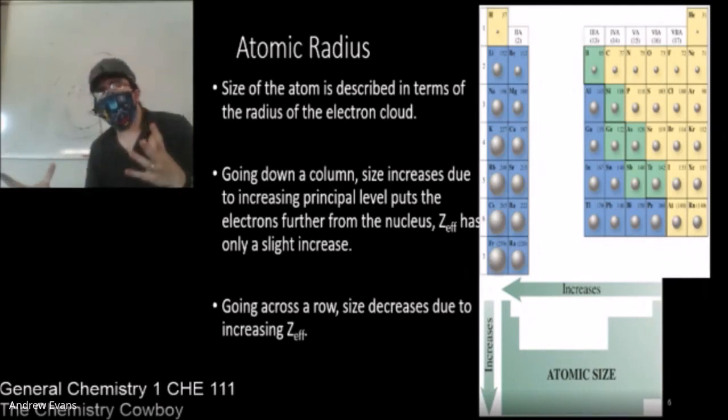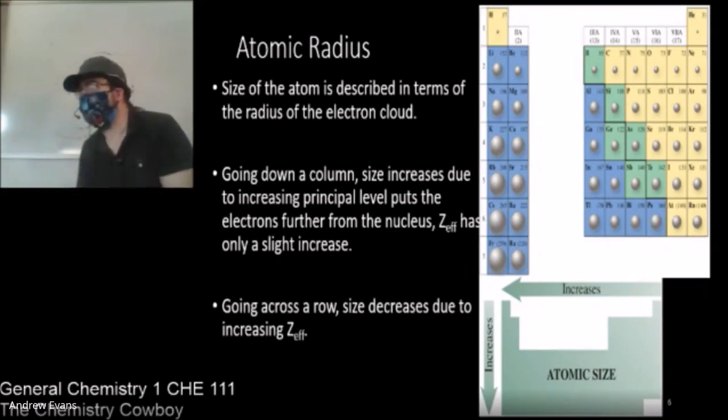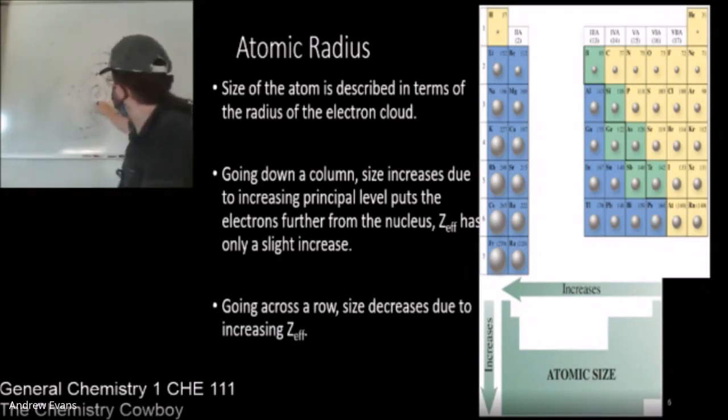Each orbit gets further from the atom. So as we move down the table, orbits get bigger. 1s right there, 2s, getting further and further away. So the atoms get bigger further down the table.